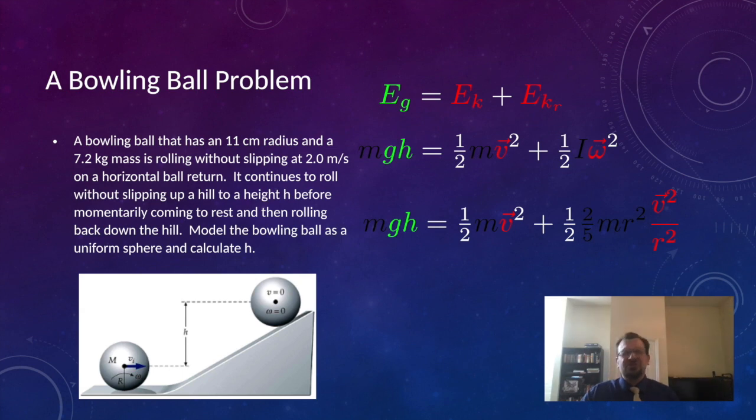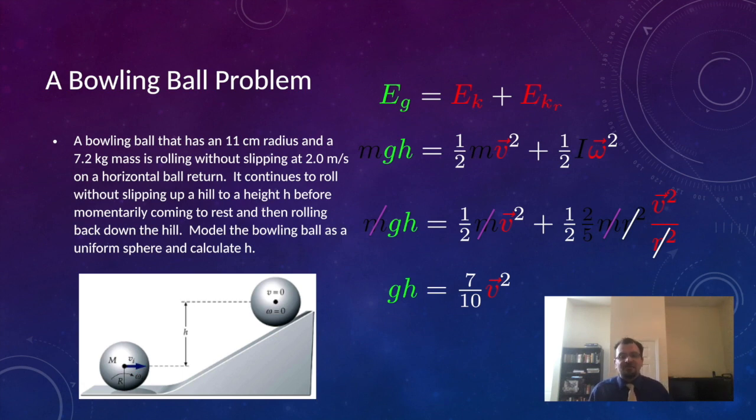That's going to be a huge advantage in dealing with very ugly problems like this, because you can probably notice that all of those masses end up going away, and those radii go away as well. So from here, we just have to deal with the fractions. So let's go ahead and rewrite this, and what we end up with is g times h is equal to 7/10 v squared.